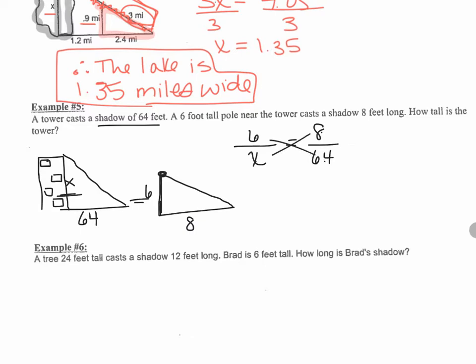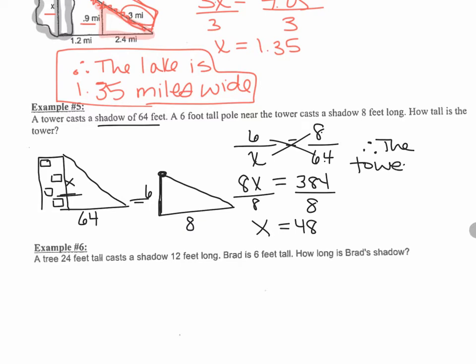So now I'm going to go ahead and cross multiply. 8 times x is 8x. 6 times 64 is 384. I'm now going to go ahead and divide by 8. So x is 48. So my therefore sentence is going to say what? Therefore, the tower is 48 feet tall.